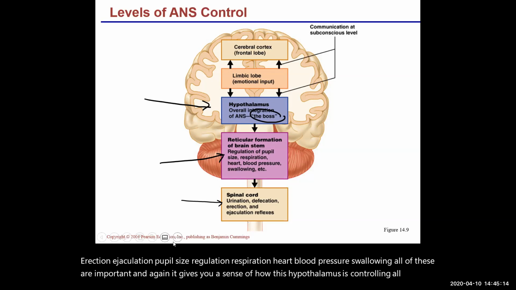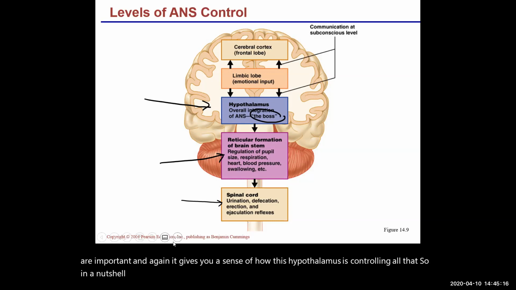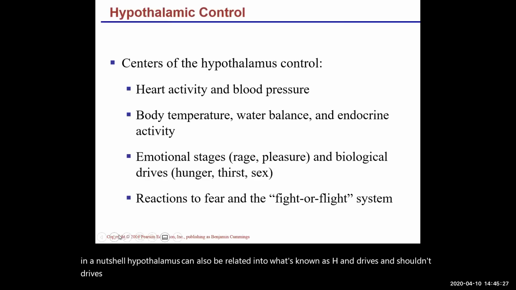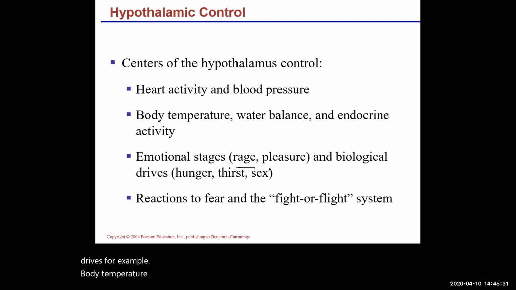So in a nutshell, hypothalamus can also be related to what's known as the ancient drives. Ancient drives, for example, body temperature regulation, rage, pleasure, thirst, sex, hunger.